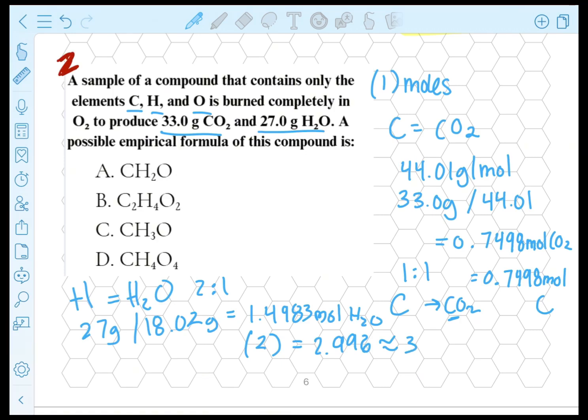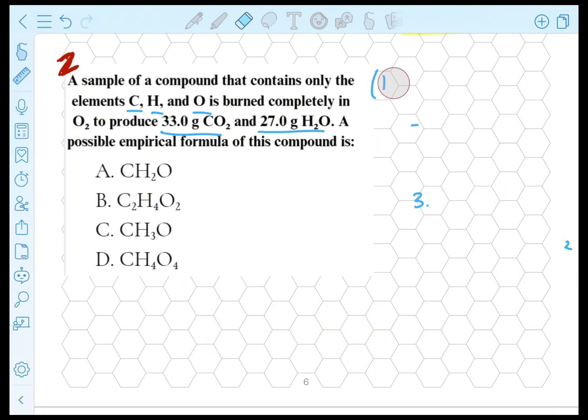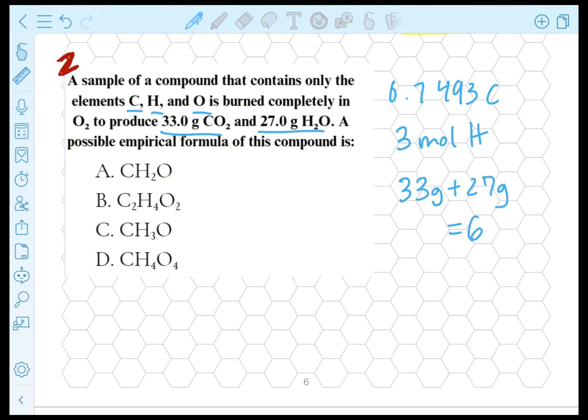So now that we know the moles of carbon and hydrogen, let's finally find oxygen. And it's a lot simpler now that we have the moles of carbon and hydrogen. So let's first add up the total mass of carbon dioxide and water to see how much we're working with. So 33 grams of carbon dioxide and 27 grams of water gives us 60 grams total.